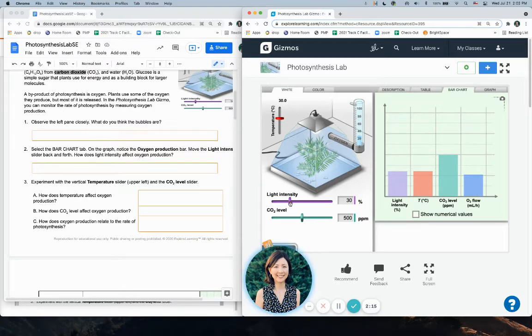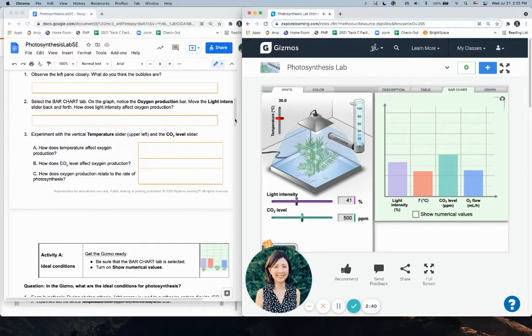Move the light intensity back and forth. You can see that the bubbles go away, and then there are more bubbles as we increase the light intensity and decrease it. And so it seems like these bubbles are oxygen bubbles.